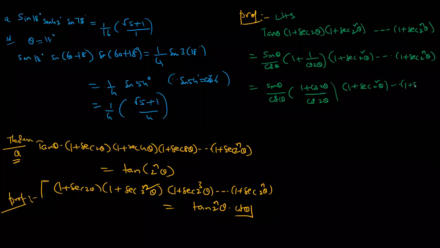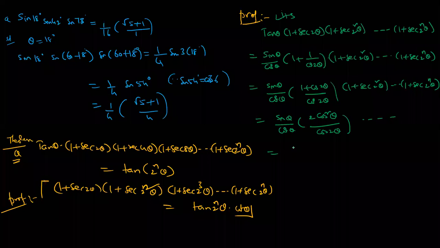So little patience is required solving this type of problems. Sin theta by cos theta, 1 plus cos 2 theta. Anyone, what is the formula? That is 2 cos square theta. Check it, anyone? Remaining as usual. So 2 cos square theta means one cos theta cancels.